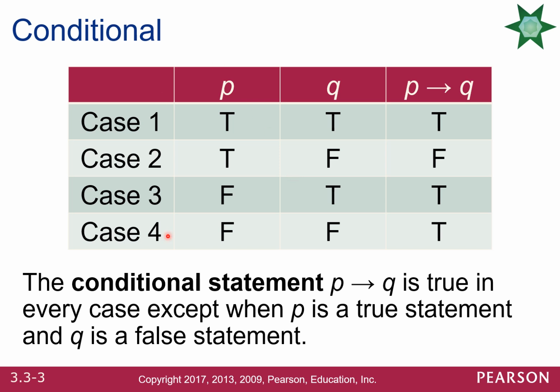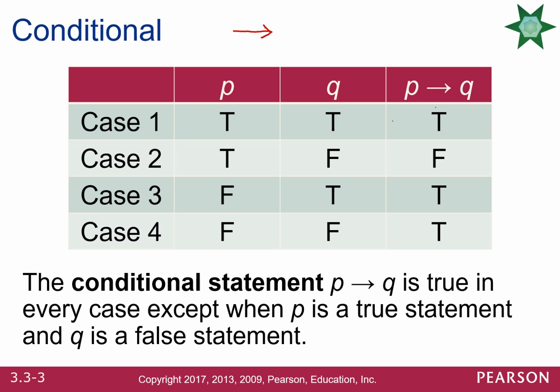So let's look at the truth table for conditionals. Recall that the symbol for conditional is a one-directional arrow, right? So we have a one-directional arrow.